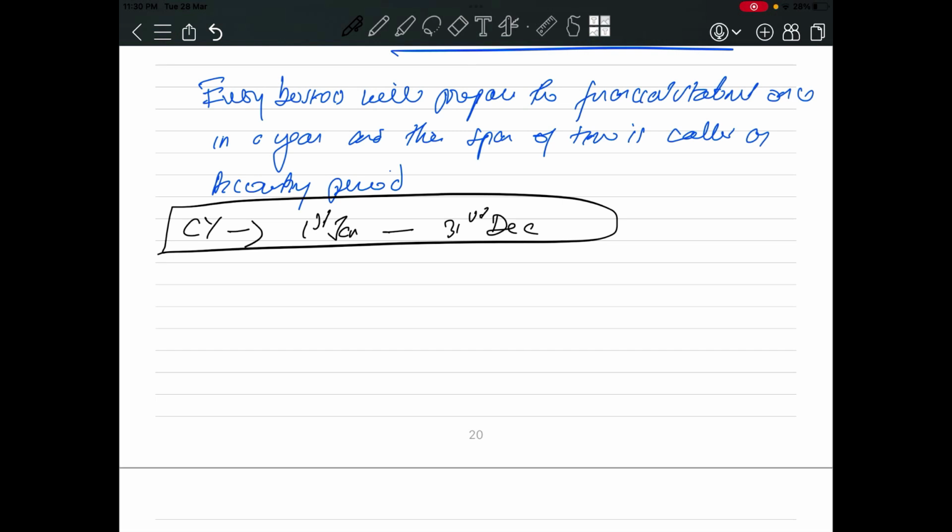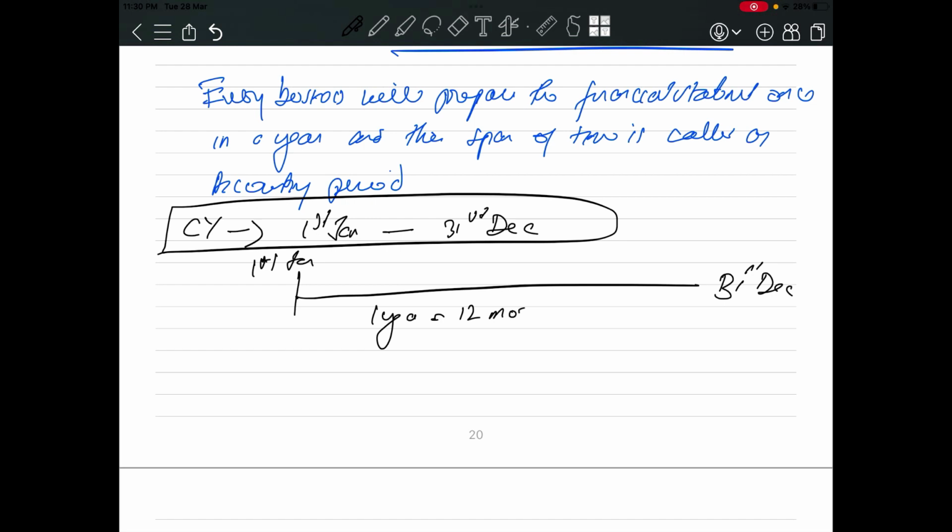But in the real world, let me be very frank with you, I've never seen any businessman following calendar year, starting his books of accounts from 1st Jan and ending on 31st December. Because 1 year is equal to 12 months, so you start your books from 1st Jan and end it on 31st December.